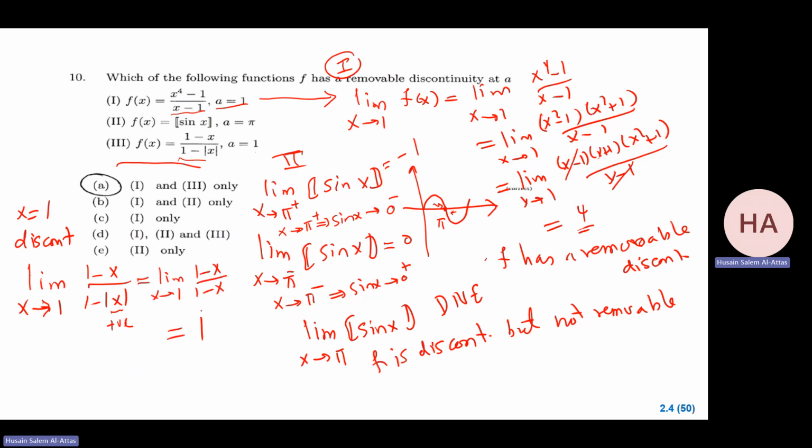So I'm getting 1. So the limit exists. So let's say f has a removable discontinuity. So when it has a removable discontinuity, 1 and 3. 2 is not, the limit does not exist.